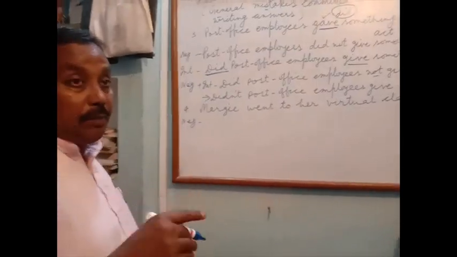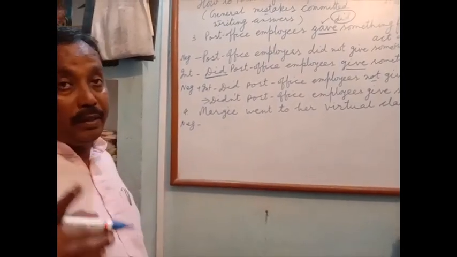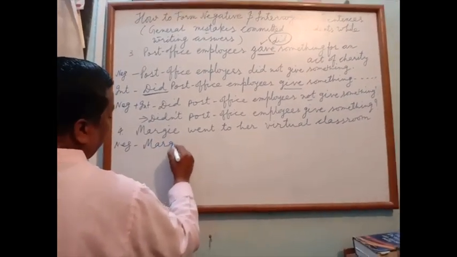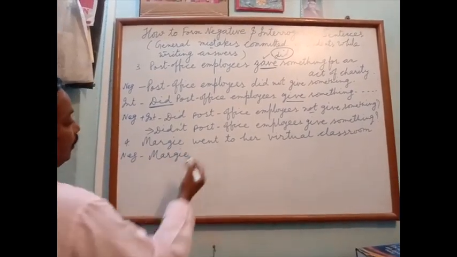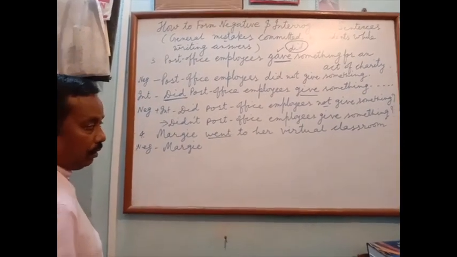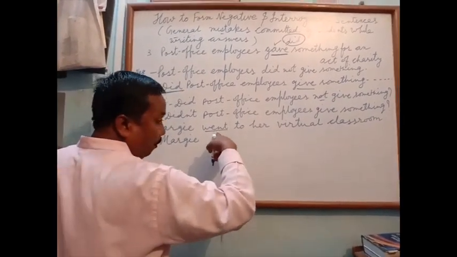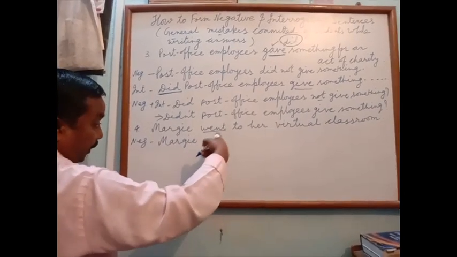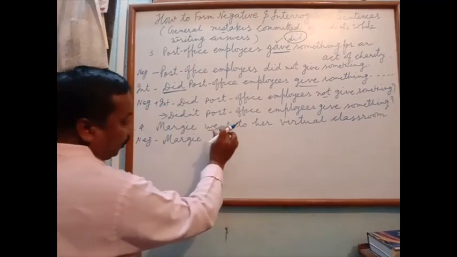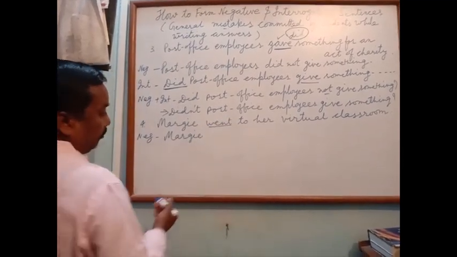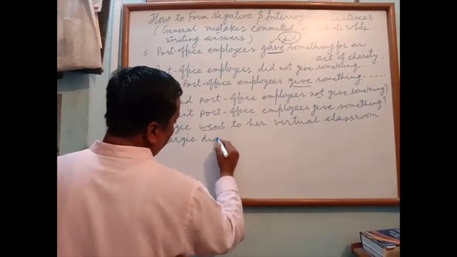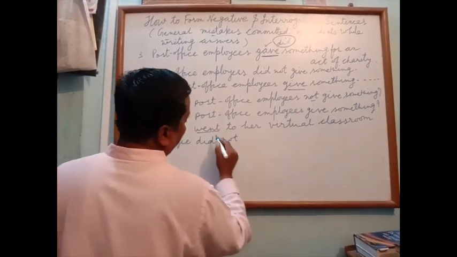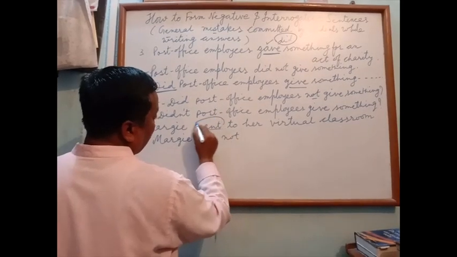How do students commit mistakes in forming negative? Margie, the helping verb is not here, but this is the second form of go. So we take out the verb did, because in the V2 form did is hidden. Margie did not, it means here only what remains?